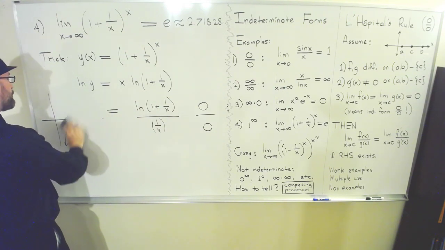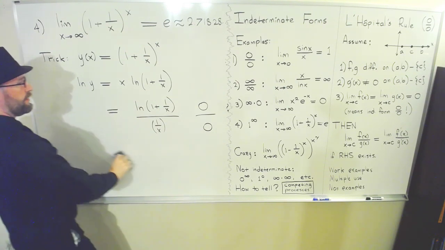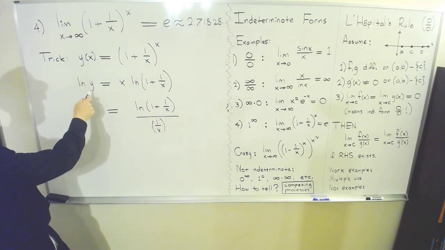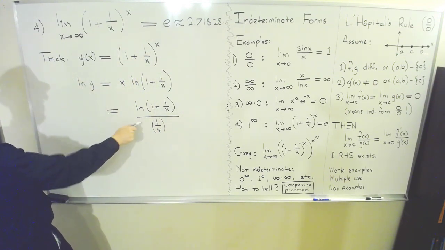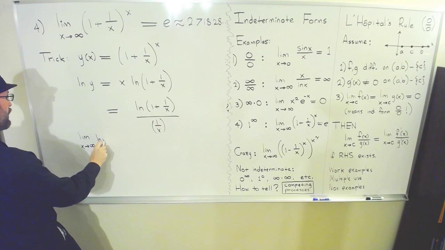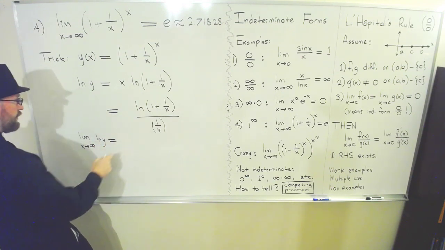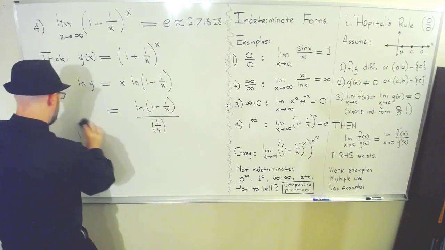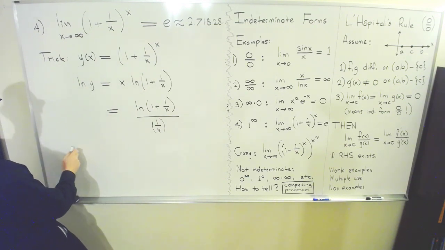So that's why I did that. Now let me erase this here, and this here. So I've written ln y is this. And now I'm going to look at the limit as x goes to infinity of ln y. And of course this is the limit I've written here. Let me scoot this down a little bit so I have room.